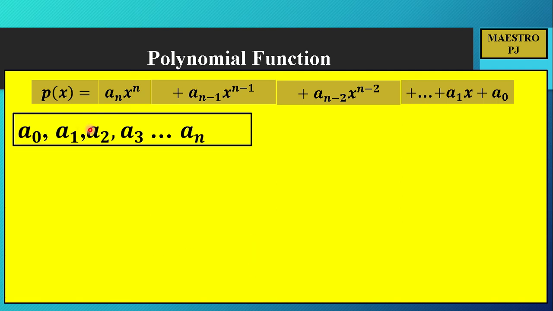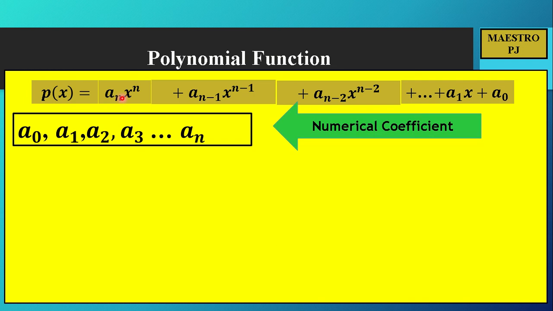Okay. So this a sub 0, a sub 1, a sub 2, a sub 3, up to a sub n, those are your numerical coefficients. That means those are the numerical coefficients of each term here in your polynomial function.